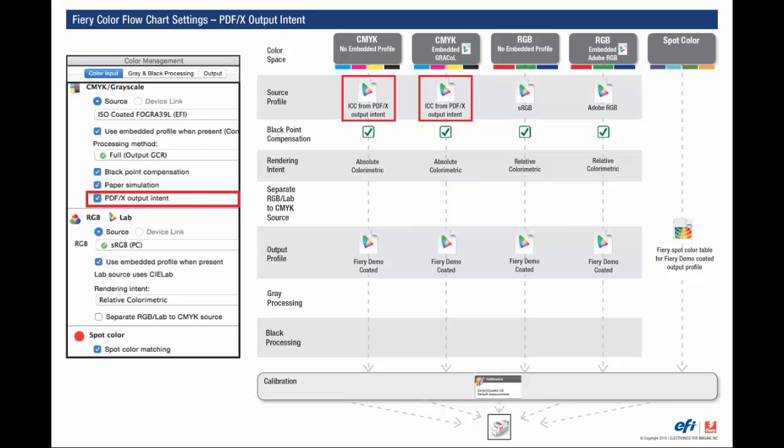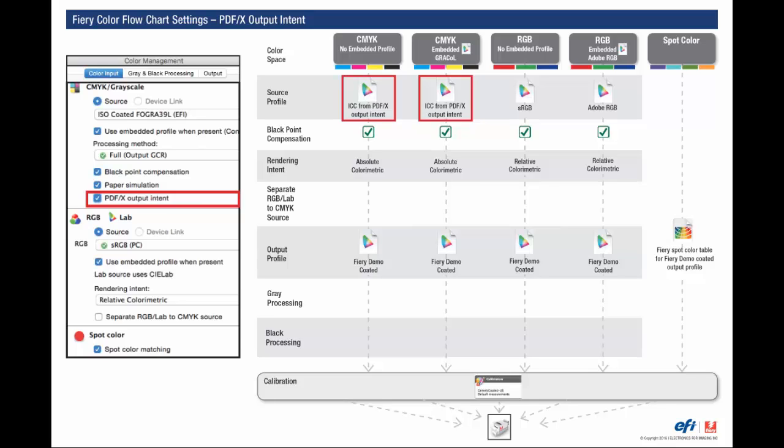If we want to use the output intent of PDFX for this kind of processing, when we enable it, we'll switch the source profile for our CMYK page objects to use the ICC output intent profile. Usually this is something like SWOP, where we say we want the document to look like SWOP on every screen and every printer that it's ever printed on.